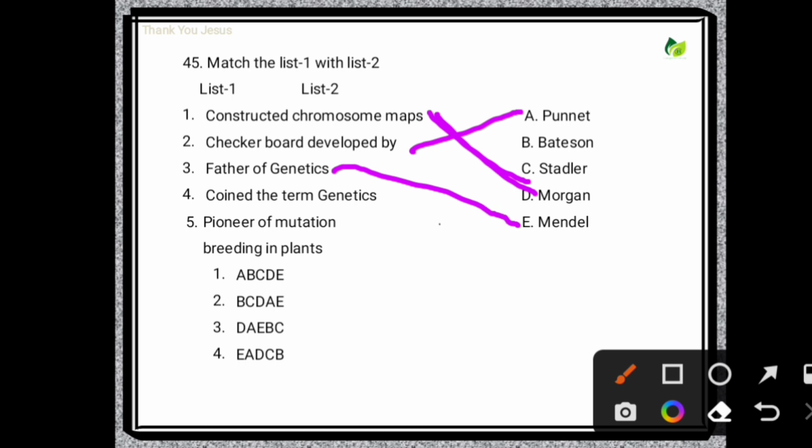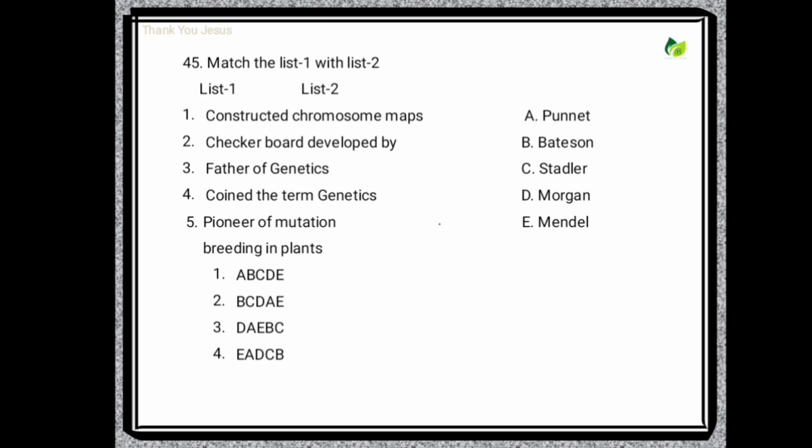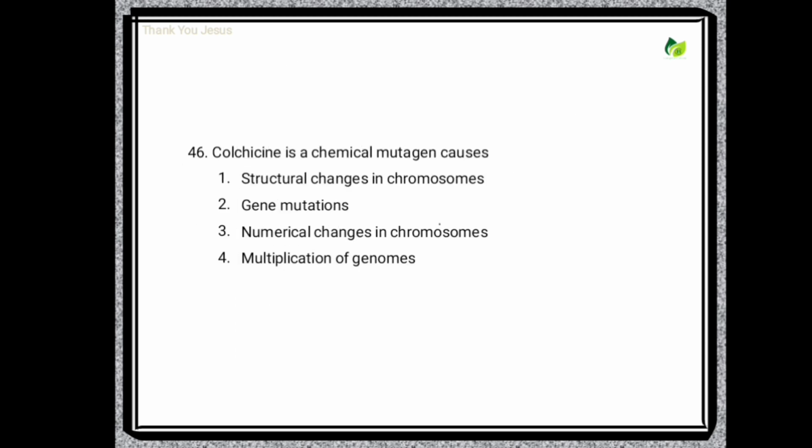Who coined the term genetics? Bateson coined the term genetics. The pioneer of mutation breeding in plants is Stadler. So the answer is the third one, DAEBC. Next, we are going to see the next question.